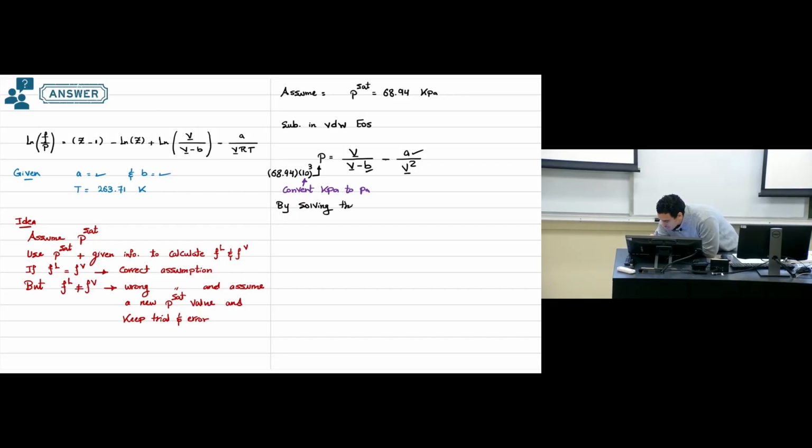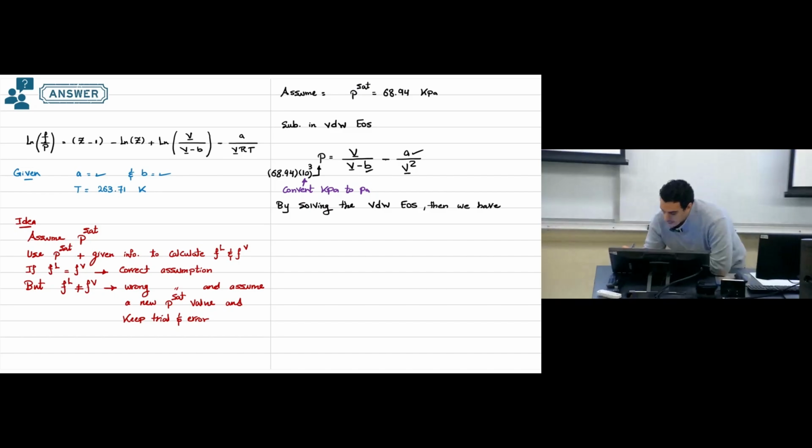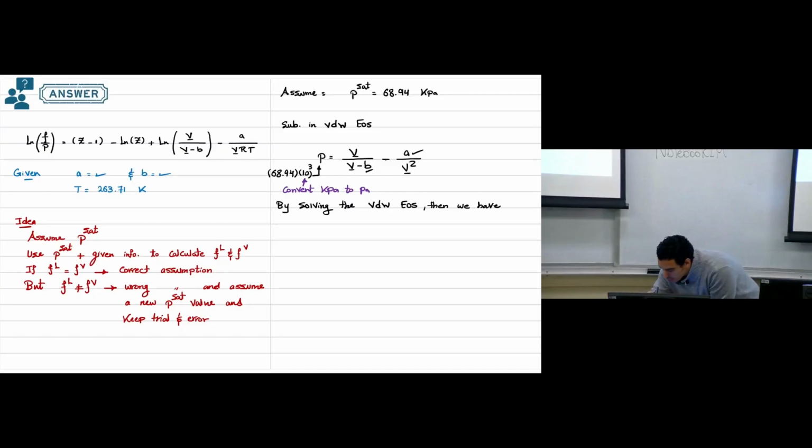So by solving the van der Waals equation of state, we have the lowest value, which will be the molar volume of the liquid, 0.1394 meter cube per mole.